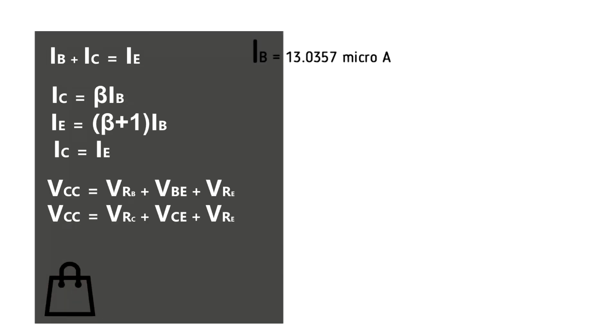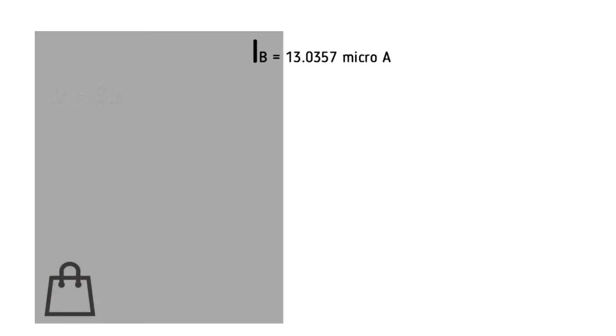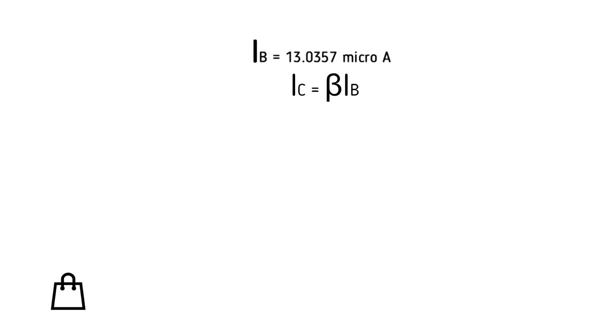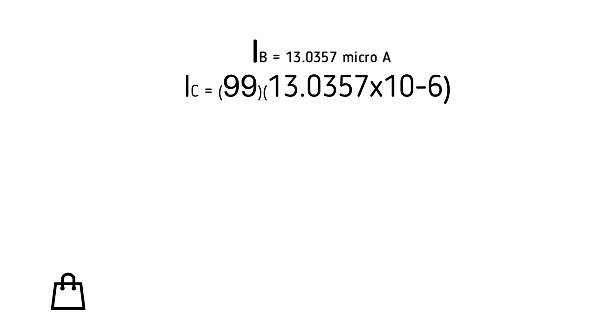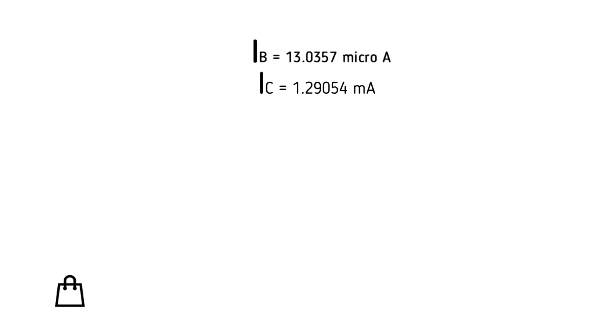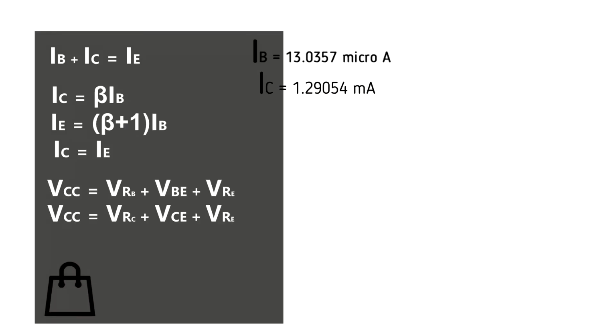Now let's open up our bag of formulas again to see what other parameters we can get from just IB. Let's use IC is equal to beta IB to get IC. Just simply plug in the values and IC is equal to 1.29054 milliamps. Now we have to find the last current, IE.